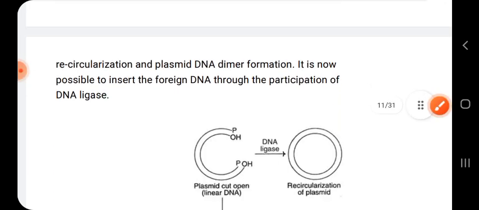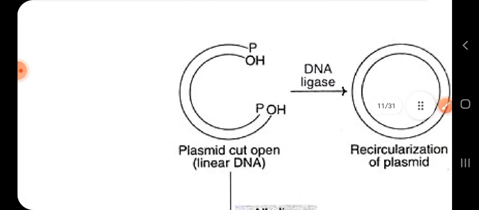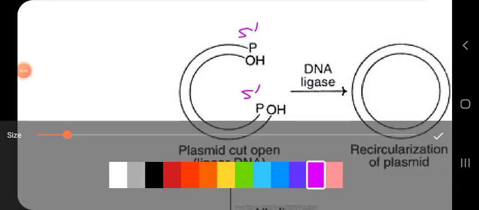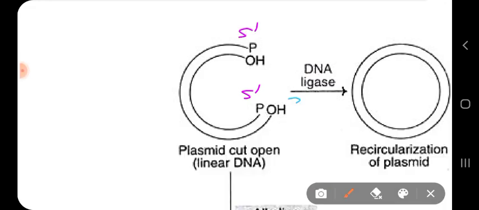So what we do here, you can see the plasmid DNA has been cut open. It has a 5' phosphate group, and it has a 3' OH group, right? Now with the help of alkaline phosphatase, we remove this phosphate.